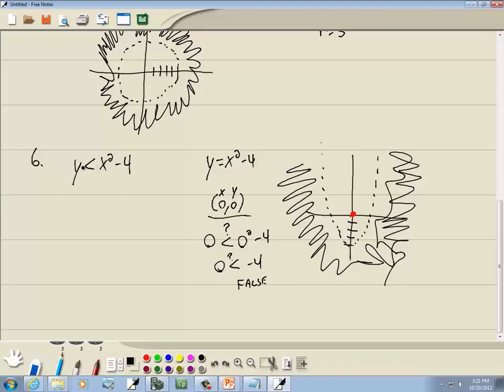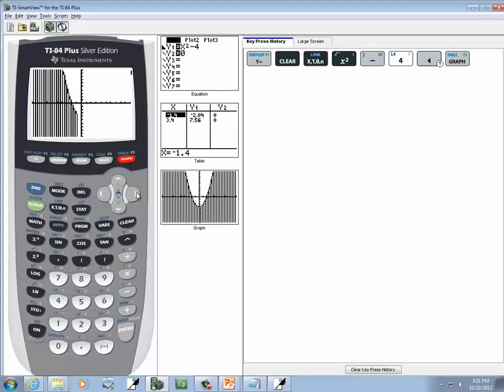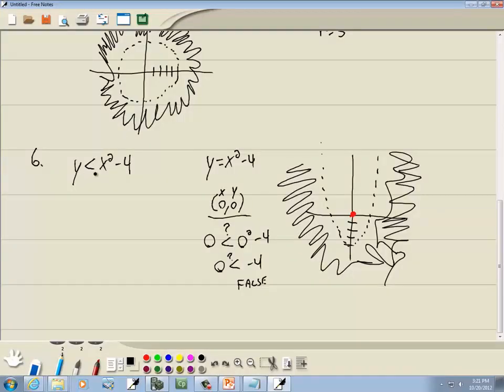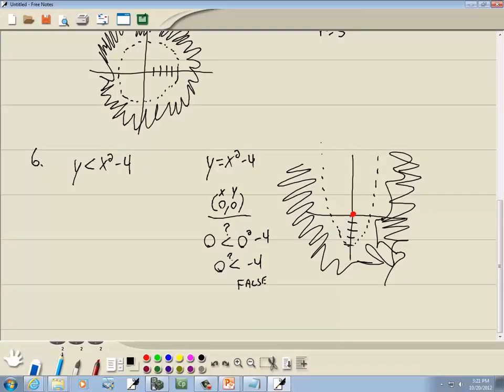Actually, we got a less than here, which means we want a lower left, which is already lower left. But if yours isn't, then you keep pressing enter until you get the lower left, and then you press graph. Now again, this will give you pretty much everything except for whether it's a dotted or solid line separating the shaded from the non-shaded. And since it's a less than, that's why this is a dotted line. And it would give us the same graph as what we got right here.